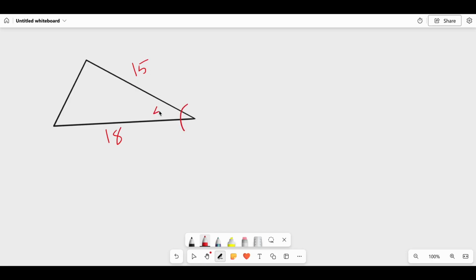This angle is 40, and we need to find this missing side. Let's go ahead and apply the law of cosine to find this missing side.